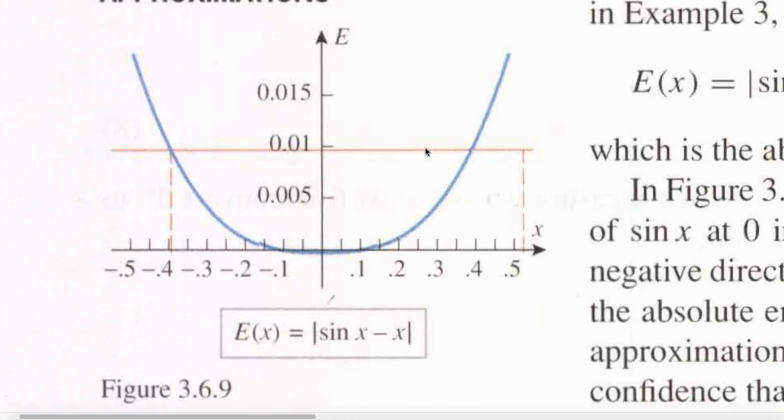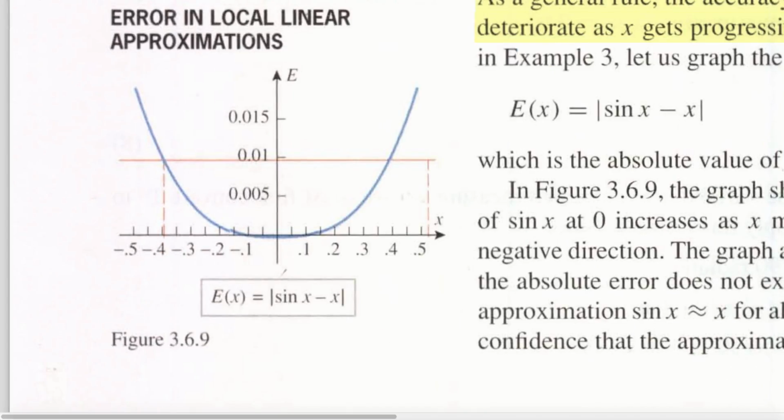So this line right here is a threshold line, meaning we want our error to be less than 0.01 away from the actual value. We can see that the curve crosses right about here, which is just a little bit less than 0.4. So if we get to about 0.4, then our errors are going to start being more than 0.01 away from the actual value. That's how you interpret the graph.